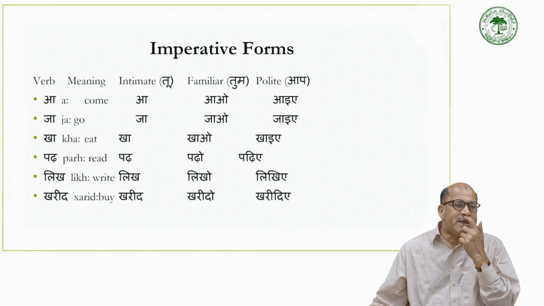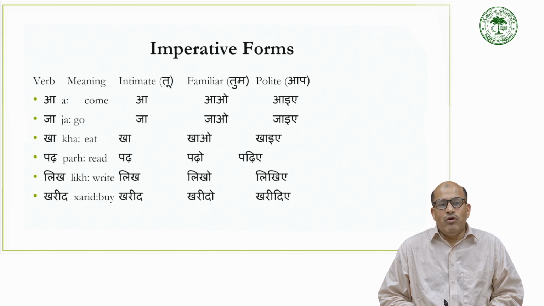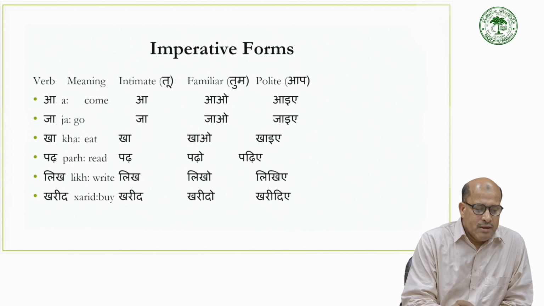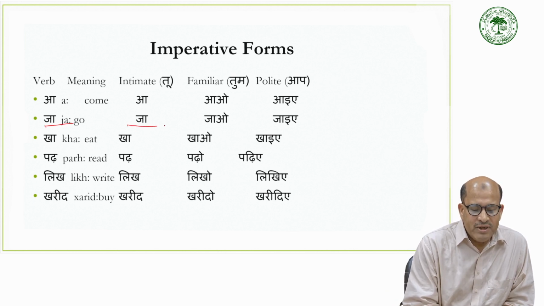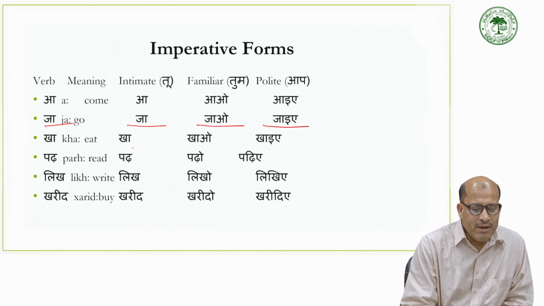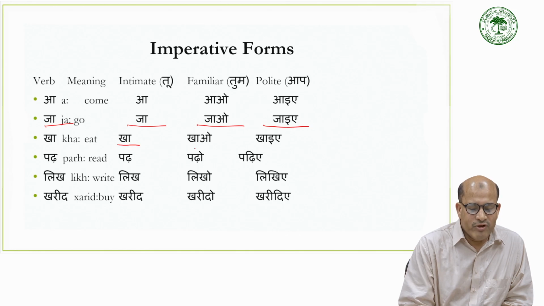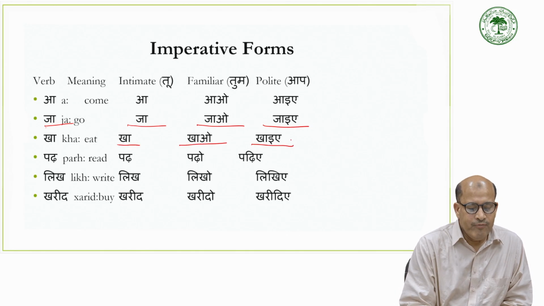So if you look at the imperative form, take the verb root aa, meaning come: intimate is aa, familiar is ao, and polite is aiye. For ja, the intimate form is ja, familiar is jao, and polite is jaiye. In the same way, intimate is kha for the verb khana, familiar is khao, and polite is khaiye.